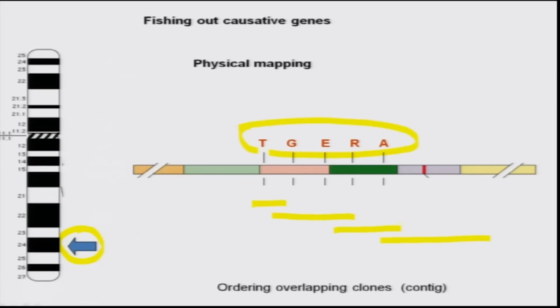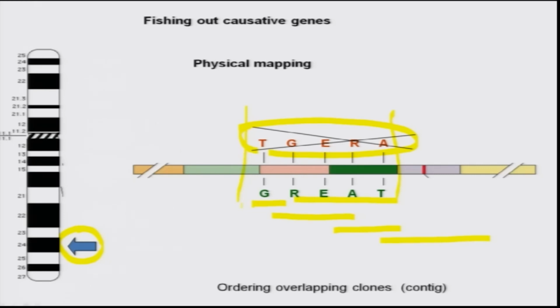So, you have done PCR using each one of the clones that you got, and using this information, you are able to say this is the correct order of all the markers. All the markers are located within this segment, but you were not sure about the order. Now, you are able to get the order, right. This is a physical order.